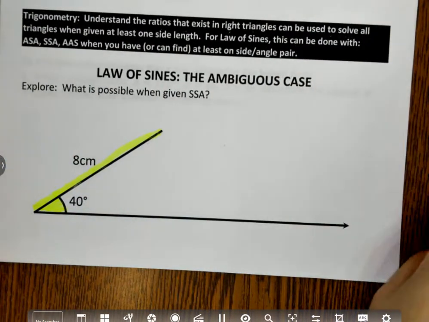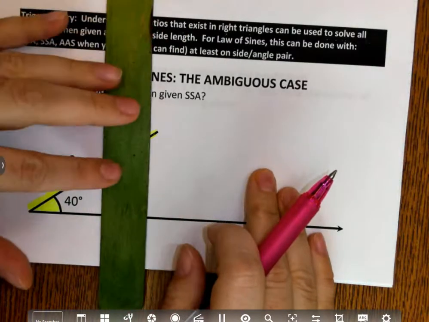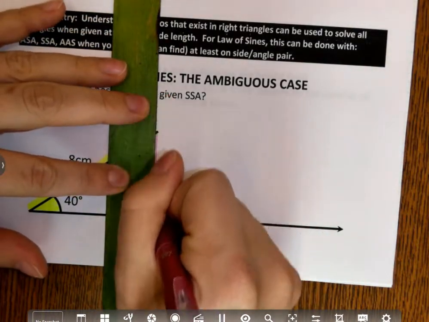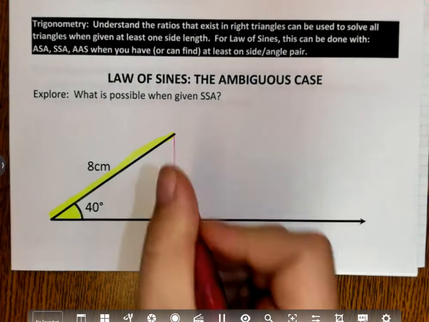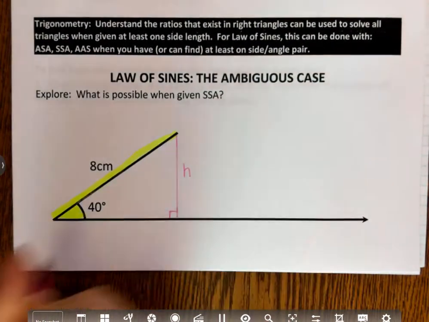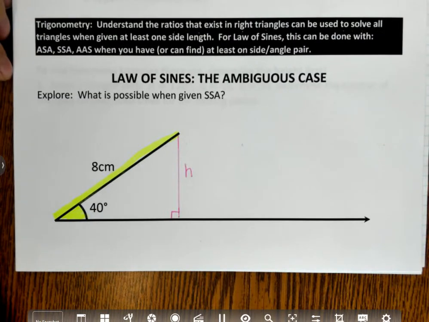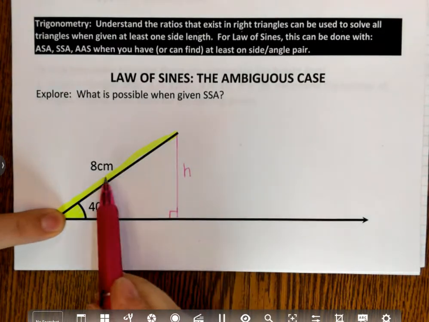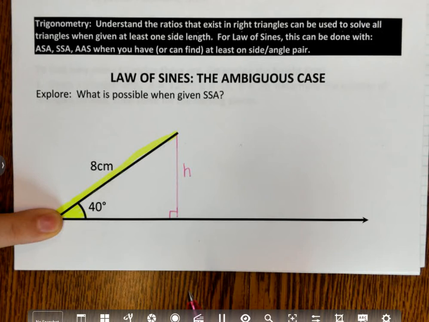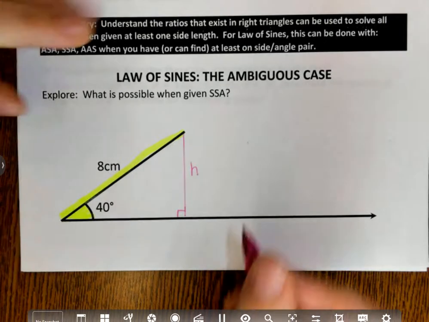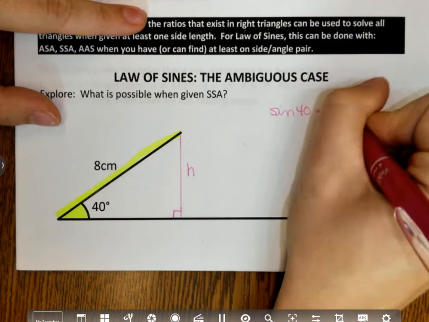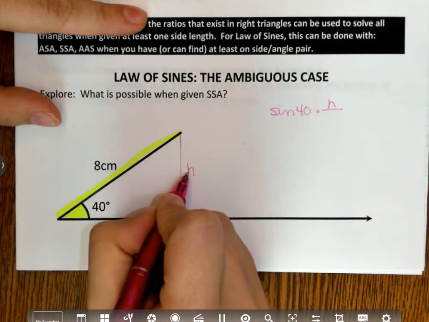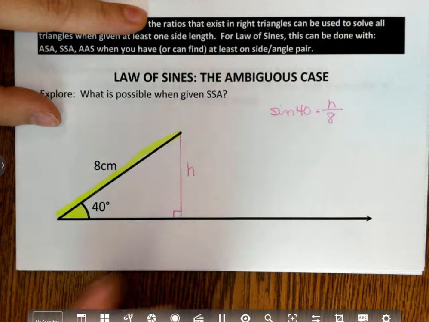So let's go for an easy situation. An easy situation would have been if I could just draw a right angle and make that a right triangle, and I could think about that as a height. Which trig ratio would you use to solve that? Sine. So I would say the sine of 40 is the opposite, which is that guy, over the hypotenuse, which is 8.